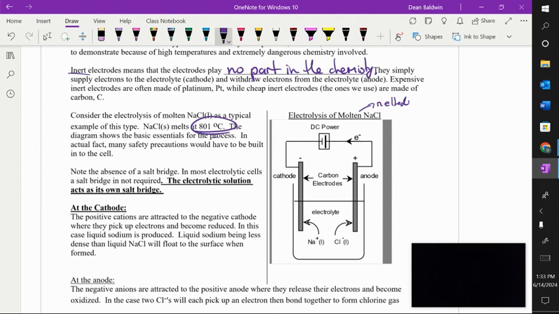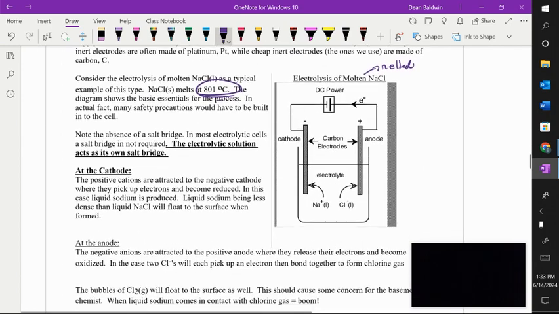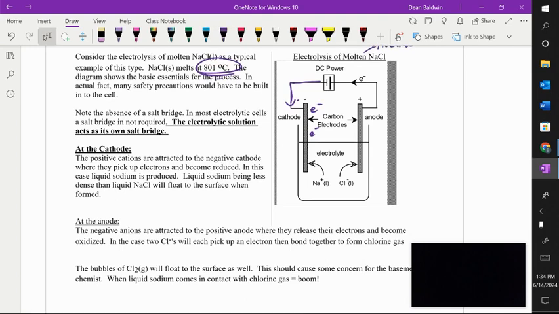So the cathode. We throw a battery on here. The electrons are flowing in this direction. They build up on the cathode. As they do that, it's molten NaCl in here, right? So the sodium ions pick up the electron. Remember, the cathode is where reduction occurs.